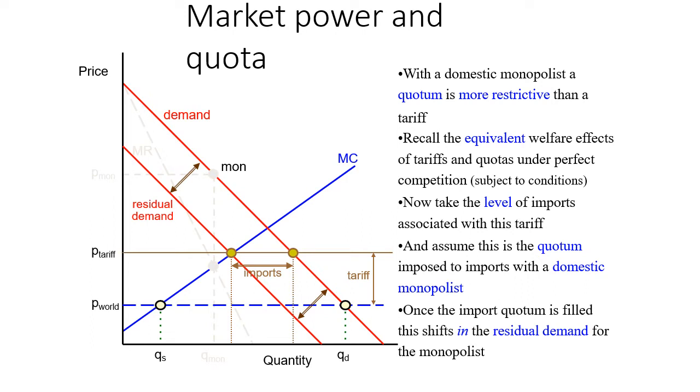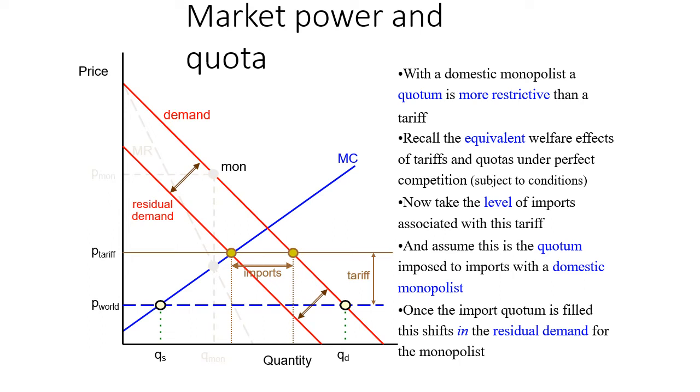That change is directly caused by the quota, which says we are now forcing only a certain portion of your consumption to come through a foreign firm. And if your residual demand is changing, what is changing ultimately? Consumer surplus.